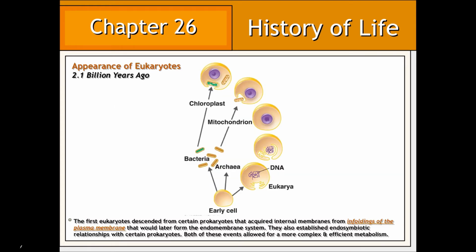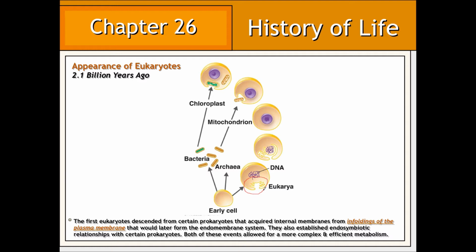About 2 billion years ago, the first eukaryotic cells appeared, most likely from certain prokaryotes that acquired an internal membrane system from the infoldings of the outer plasma membrane. These infoldings would most likely give rise to what is now known as the endomembrane system.